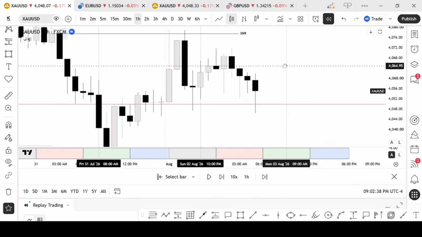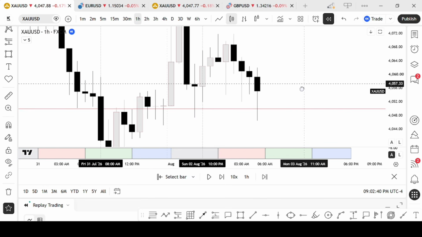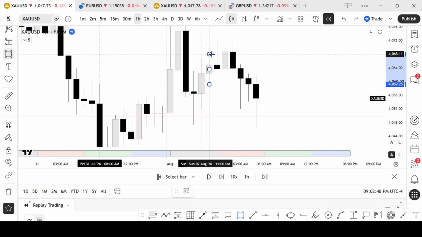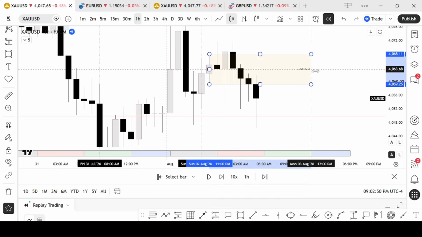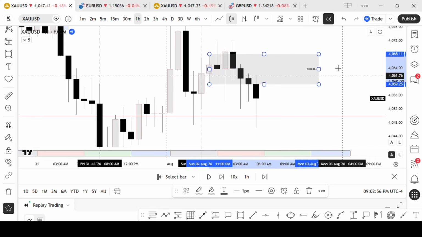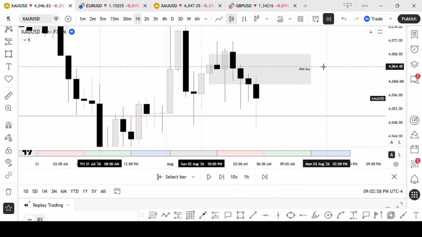So the next thing that I was waiting for price to give form was ICRT. Of course, we already have a creek here. A creek is the failed CRT. All right, this creek is the failed ICRT rather.